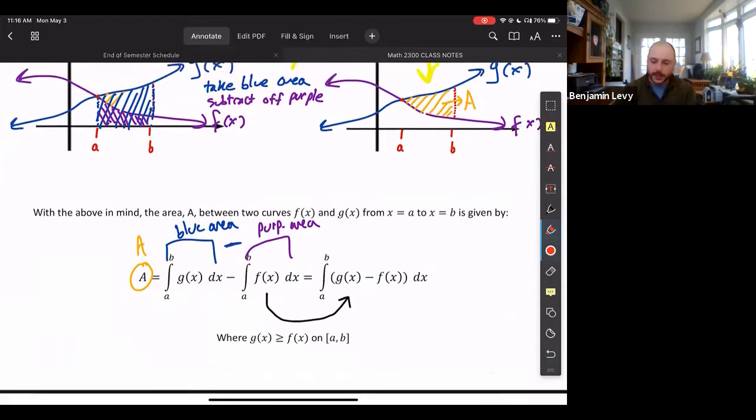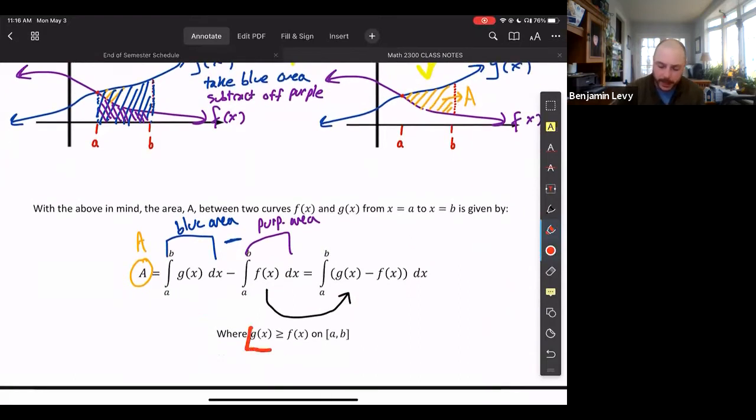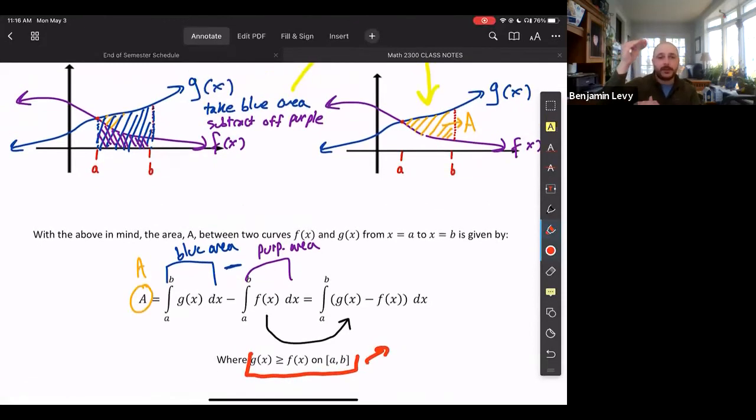And then the last thing I'll point out, it also says we need to make sure that G is the bigger function. This is the thing I missed before I labeled it. This is telling us which function's on top. We need to have the top function minus the bottom function. That's important because if you lose track of that, you might subtract the wrong things. So in other words, it tells us which function to subtract.